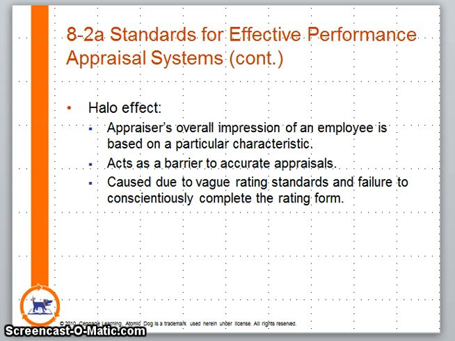I want to just go over, before I complete this PowerPoint, the five key characteristics of an effective performance appraisal system: validity, reliability, responsiveness, flexibility, and equitability. Validity comes from capturing multiple dimensions of a person's job performance.